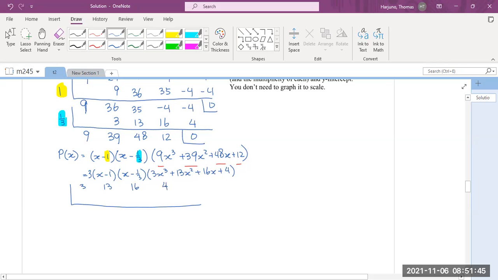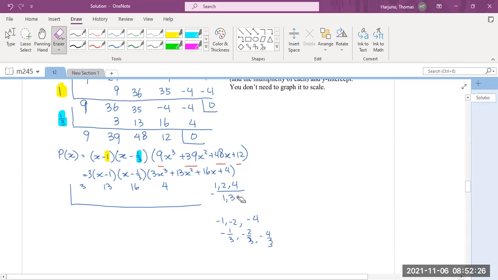The nice thing is, the possible rational zeros are plus or minus 1, 2, 4 divided by the factors of 3, which are 1 and 3. No more 9. And we don't have the positive part anymore, so it's either negative 1, negative 2, negative 4, or negative 1/3, negative 2/3, negative 4/3. We only need to try these 6 numbers.